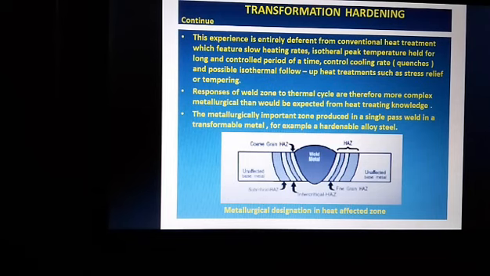The metallurgically important zones produced in a single pass weld in a transformation metal, for example hardenable alloy steel.